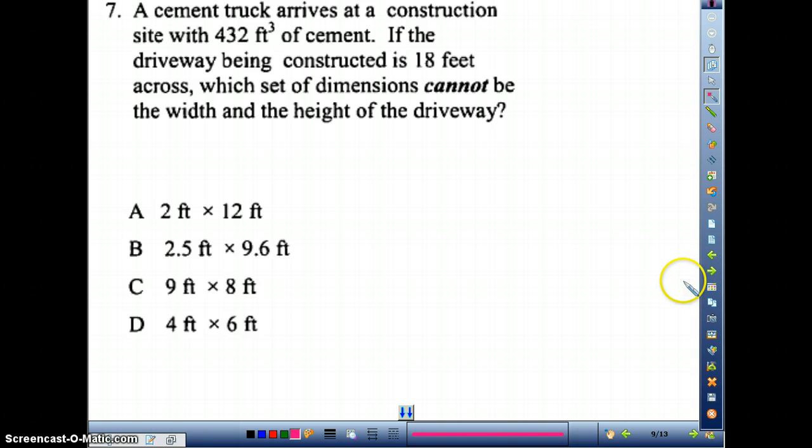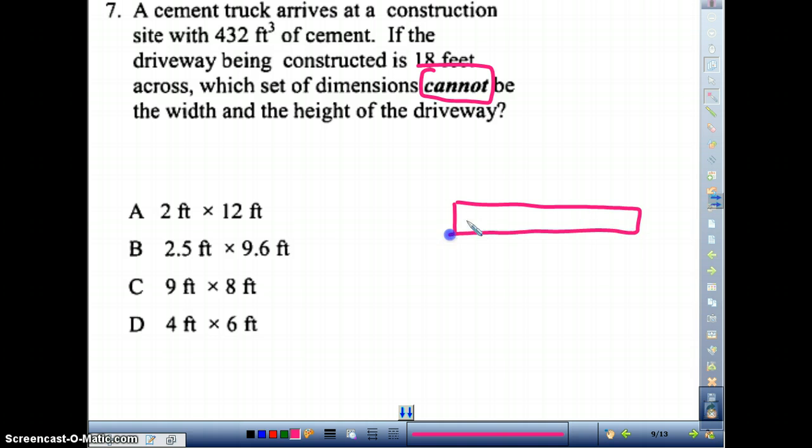All right, a cement truck arrives at a construction site with 432 cubic feet of cement. If the driveway being constructed is 18 feet across, which set of dimensions cannot be the width and the height of the driveway? Okay, we know we've got a driveway, and it's probably pretty long.